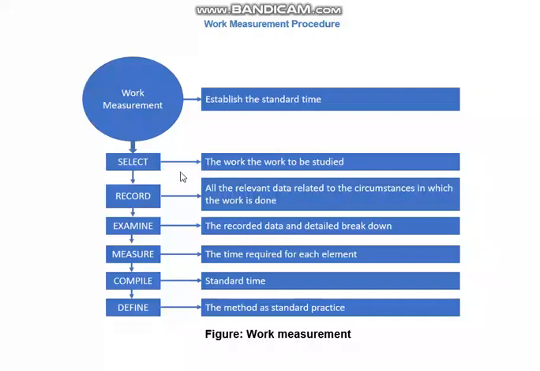Their managers and higher-ups will be selecting it, and you have to do the work. But anyway, you can go to the manager level also, so you should know all the steps that are involved. Then the second is record. You have to record all the relevant data related to the circumstances in which the work is done. Whatever information is necessary, you have to record.